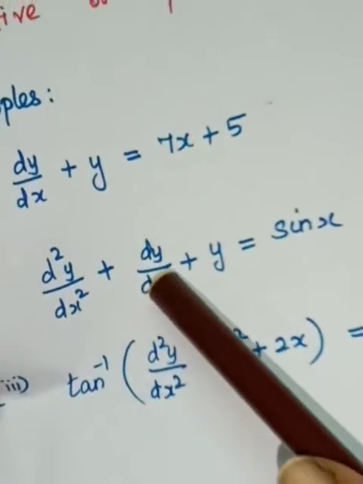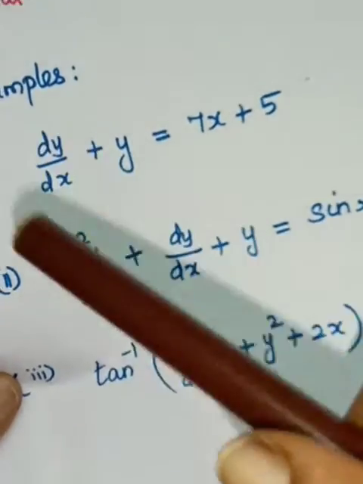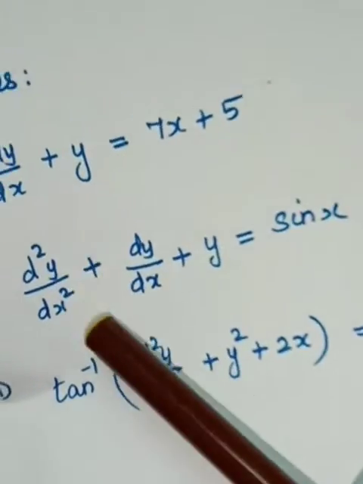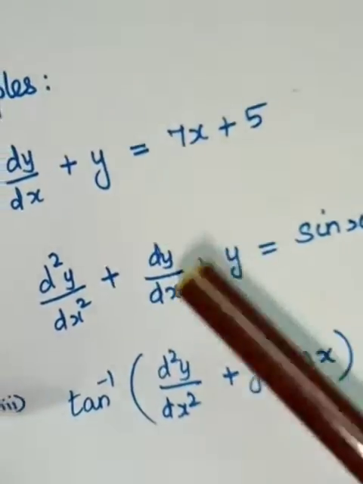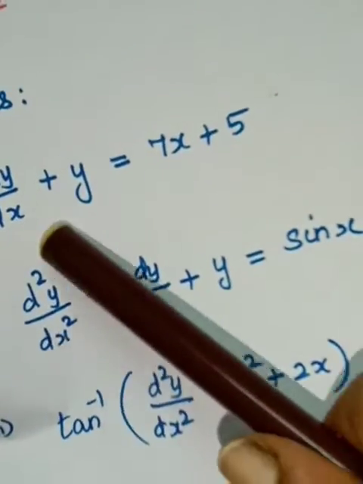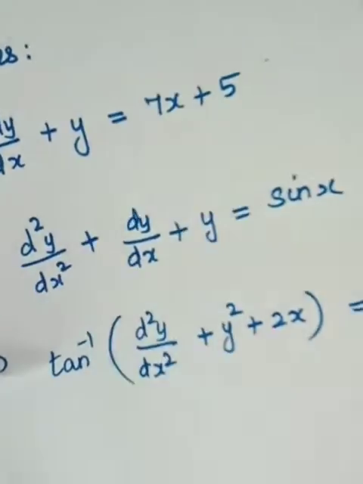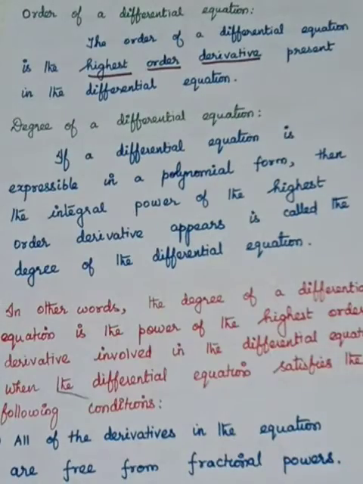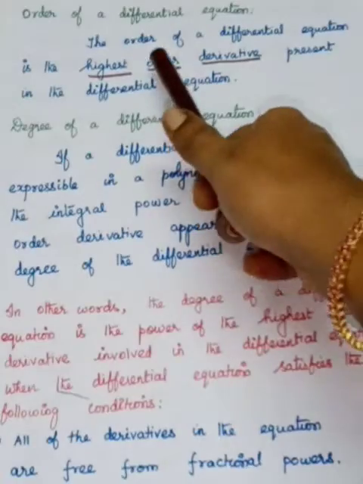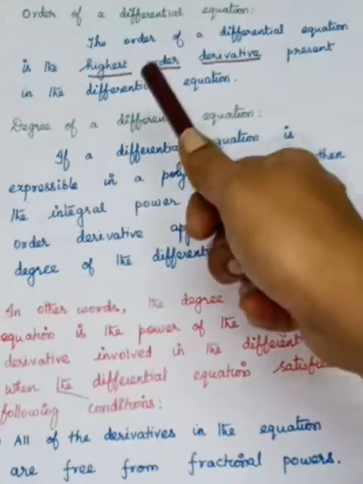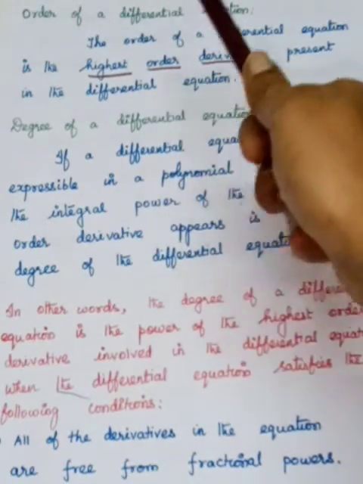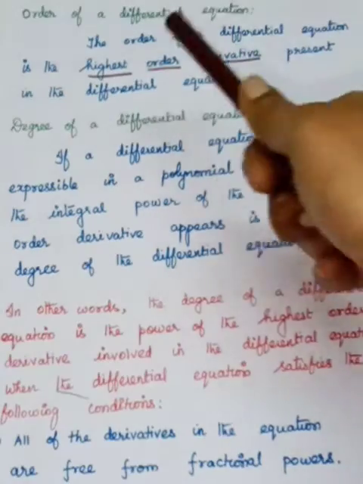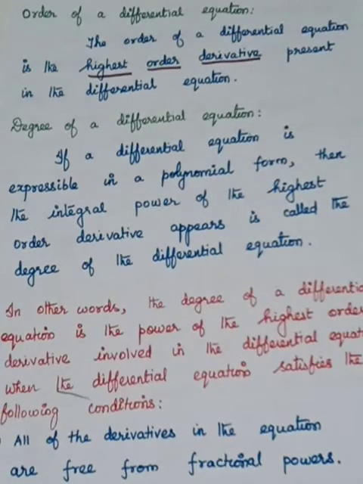The highest order derivative is the second order, therefore the order of the differential equation is 2. Again I read, the order of a differential equation is the highest order derivative present in the differential equation. While moving to the degree of the differential equation, it is very important.